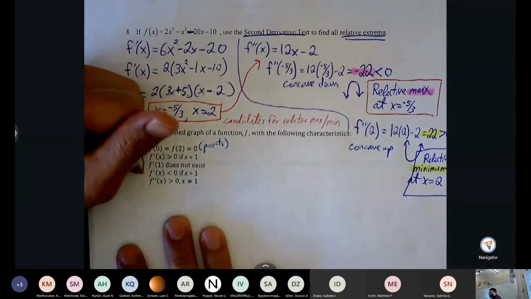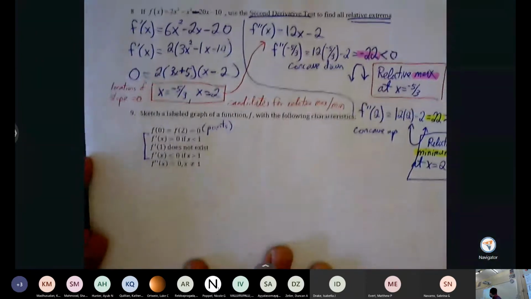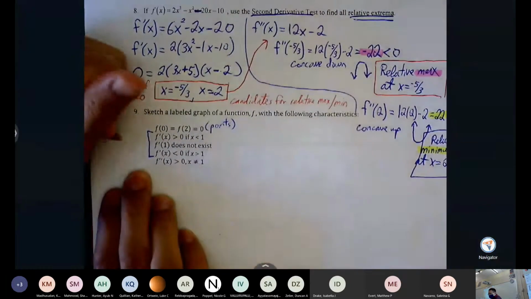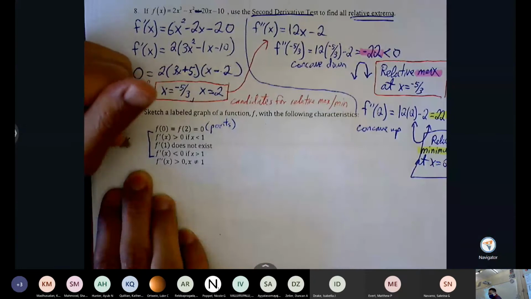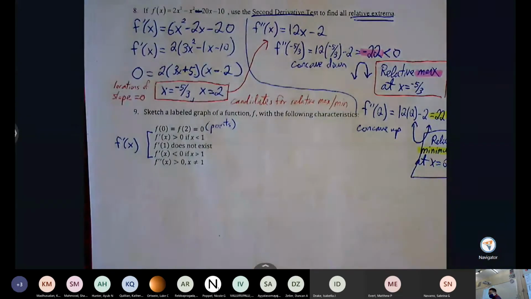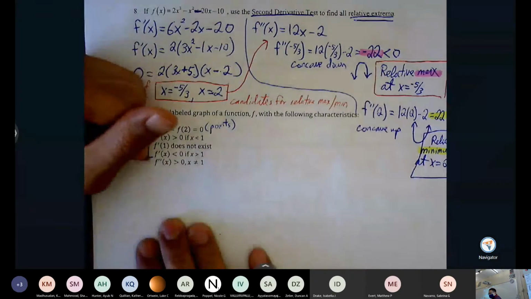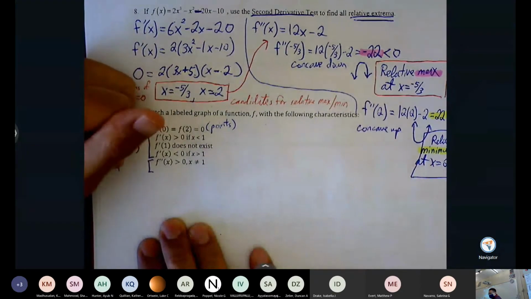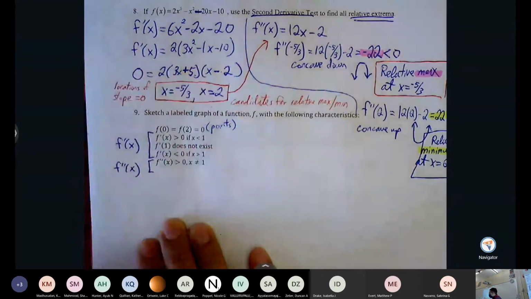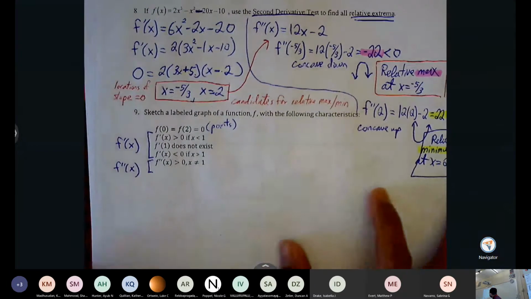The second, third, and fourth statements are giving us information about f prime, so we're going to create an f prime sign line to create a visual, and then we can translate that onto a graph. And then the last statement gives us information about the second derivative, or a second derivative sign line.